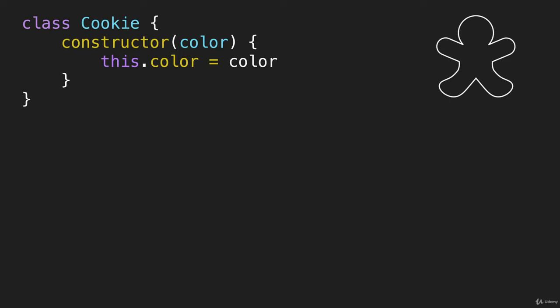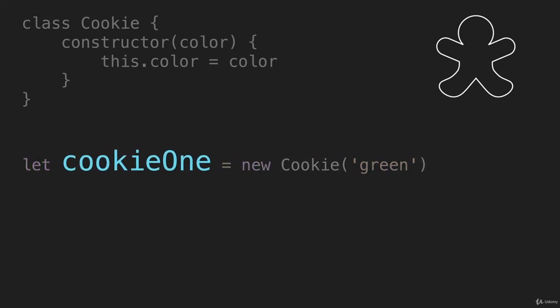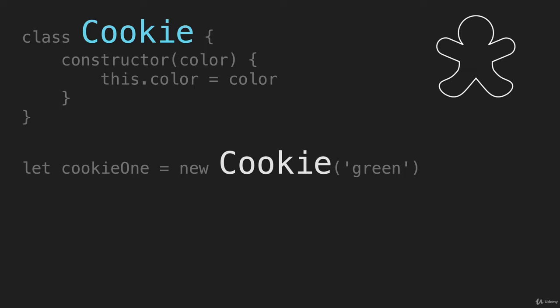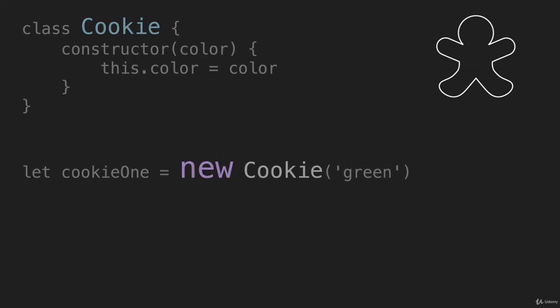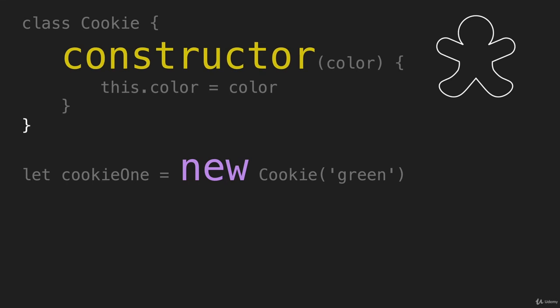It doesn't do much, but it is a valid class. So now that we have that created, we can create new cookies. This first part looks like declaring any other variable, but we set it equal to a new Cookie. There's a new keyword in here. So cookie1 is the specific instance of Cookie that we are creating, and we do that by using the new keyword that calls the constructor.